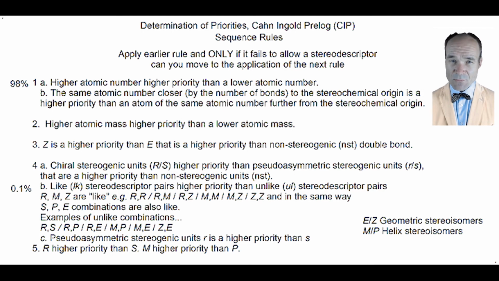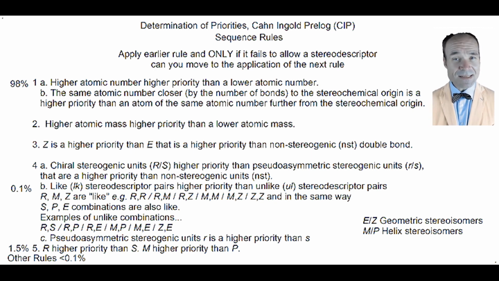About 0.1% achieve stereo descriptor through 4B, and about 1.5% through Rule 5 with big R and S or big M or P. None of the other rules individually exceed 0.1%.